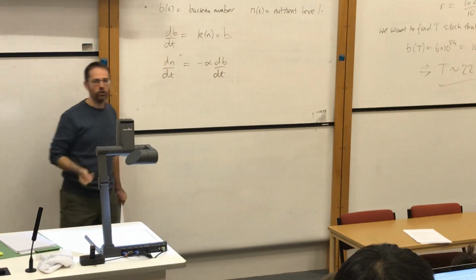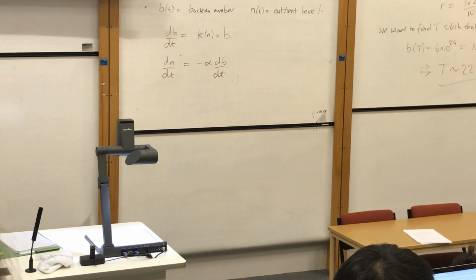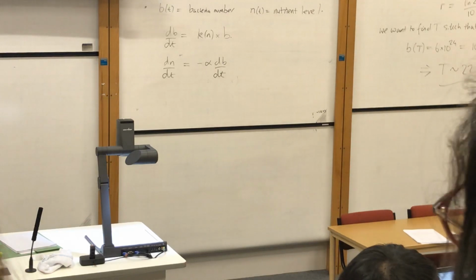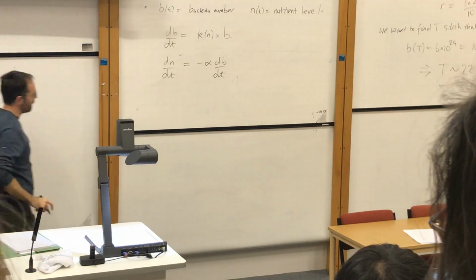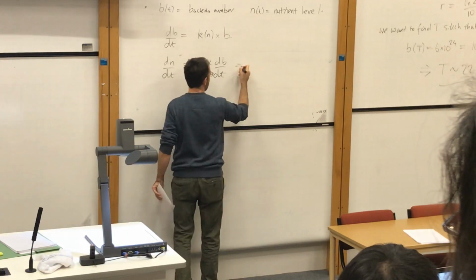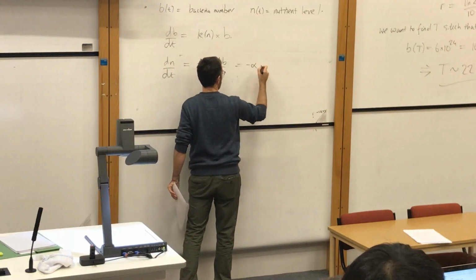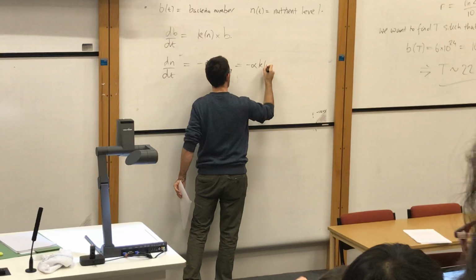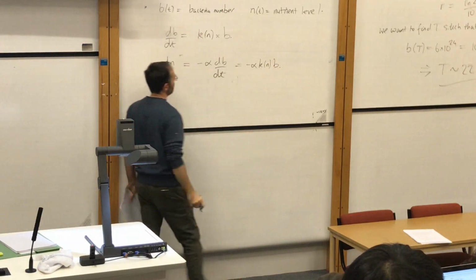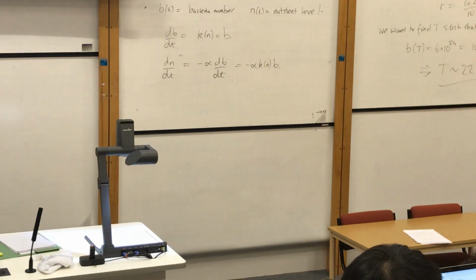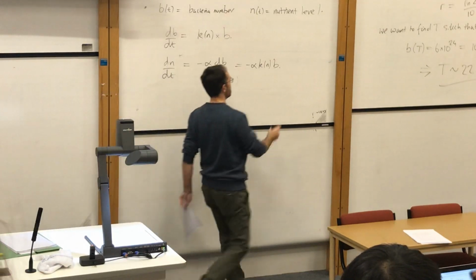The rate at which the nutrient will be depleted will be proportional to the rate at which the bacteria are growing. And that's so alpha times k(N) times B. Okay, so I've now got a two variable model. I need some initial conditions for this.